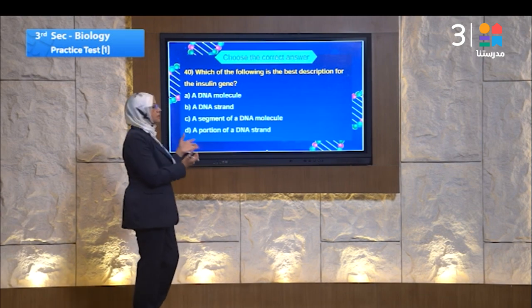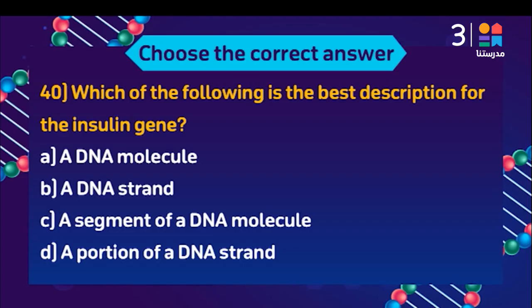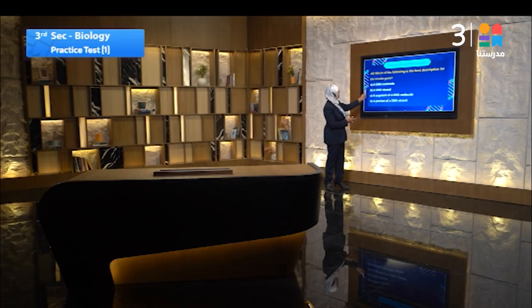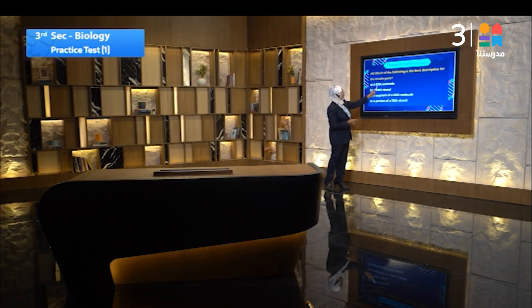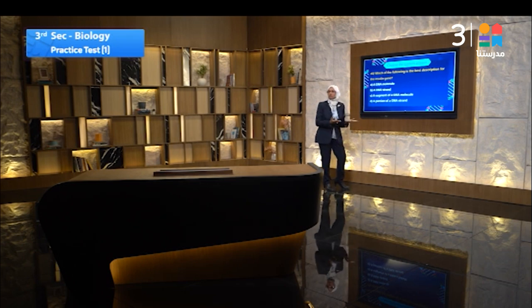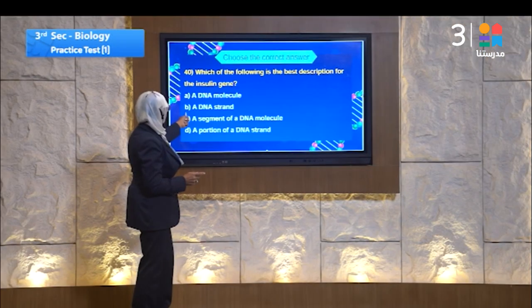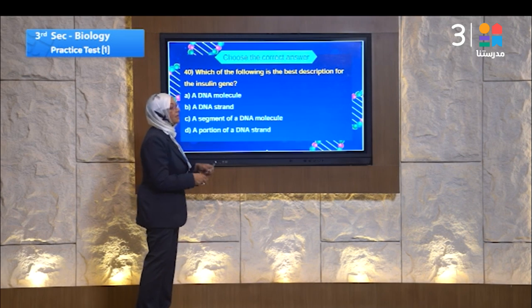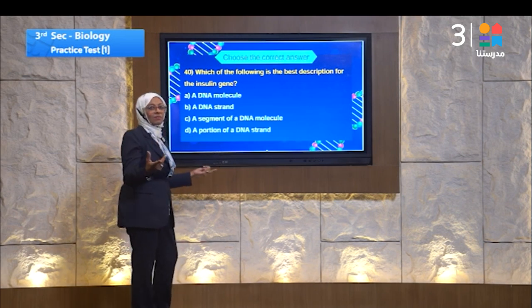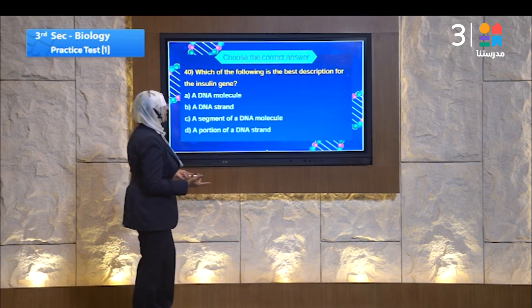Let's read it again. Which of the following is the best description for the insulin gene? Number A, DNA molecules. A large molecule of DNA will not describe the gene. No, it's a part. Number B, a DNA strand. A strand is very long. No, it's not described as a gene.